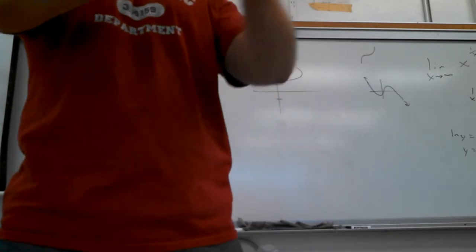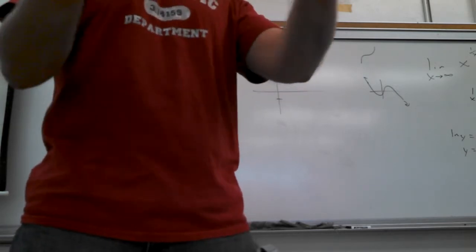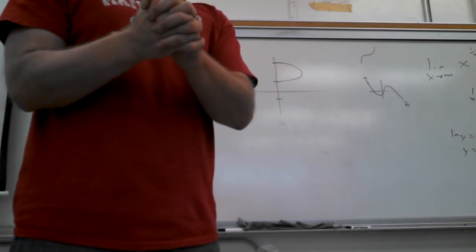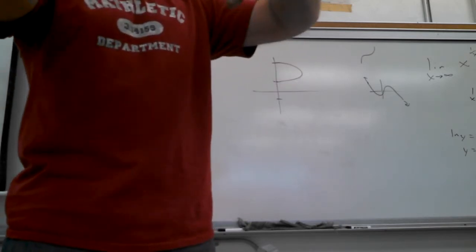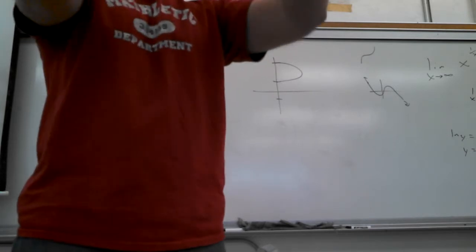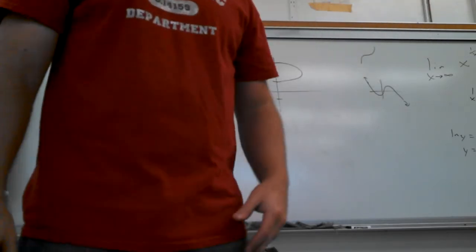A couple of people turned this into a function of x, which in one way I think is smart, but in another way you're not getting the practice you need for when you're not able to do that. When you get to 281, you're going to have functions of y as a function of x and z, so you have to get used to thinking in different directions. It's very difficult, I know.